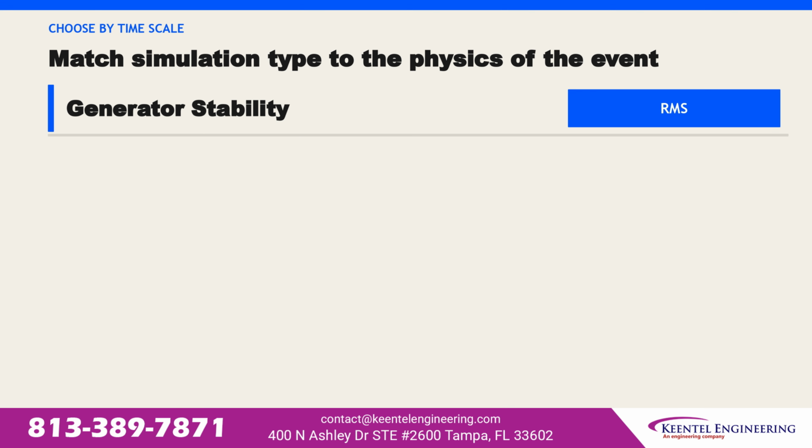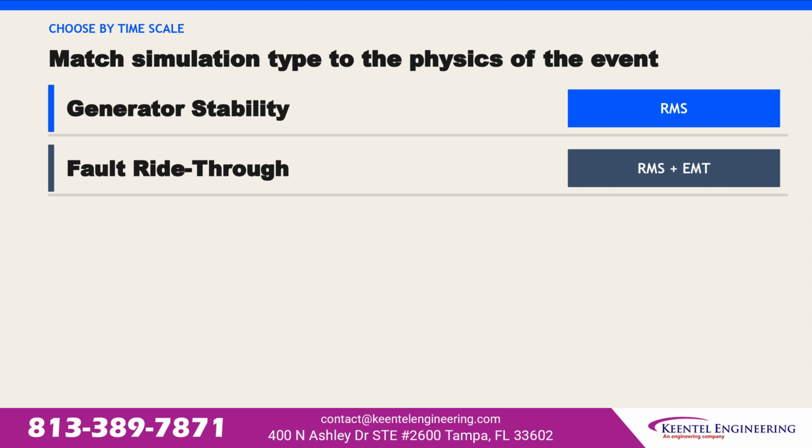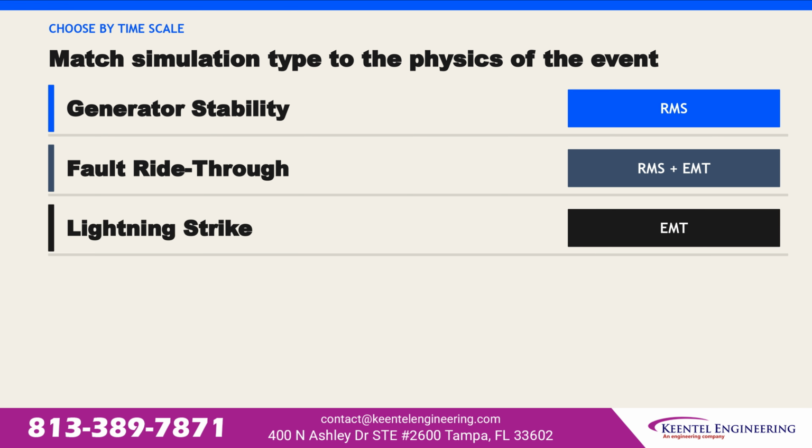The simplest framework for tool selection: match the simulation type to the physics of the event. Generator stability: use RMS. The dynamics are slow. Millisecond resolution is sufficient. Fault ride through: use both RMS and EMT. The RMS model captures the stability behavior. The EMT model validates the control response at the inverter level. Lightning strike: EMT only.